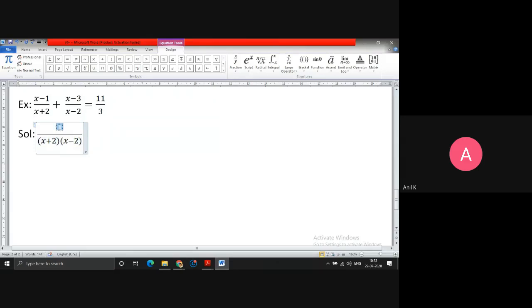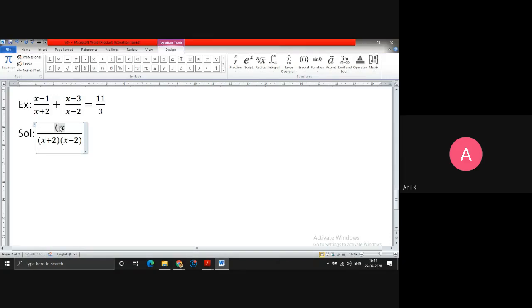Look at the numerator. What happens in the numerator is this denominator multiplies with this numerator, plus, because there is a plus sign here. If minus is there, then I'll put a minus sign. This denominator will multiply with the numerator of the second term. So let me write quickly.